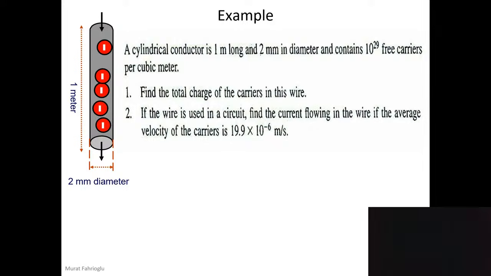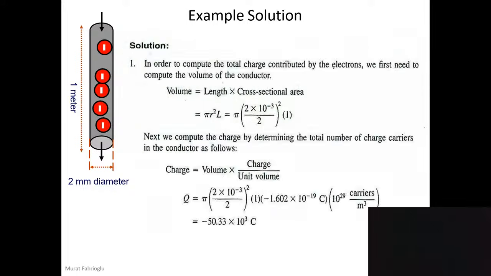First, we want to find the total charge of the carriers in this wire. Second, if the wire is used in a circuit, find the current flowing in the wire if the average velocity of the carrier is 19.9 into 10 raised to minus 6 meters per second. Now we want to solve this.